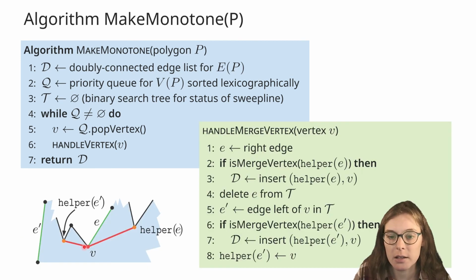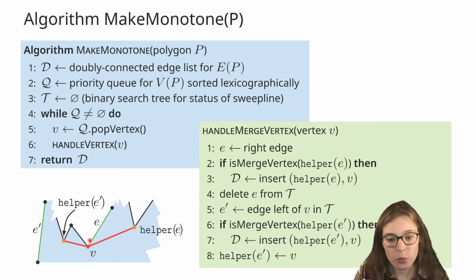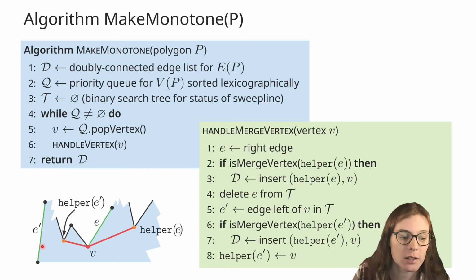If V is a merge vertex, then first we consider the right edge E incident to V, and we check the helper of E. If it happens that the helper of E is a merge vertex, then we need to insert the diagonal from V to that helper of E, and we delete edge E from the status structure T. Next, we consider the left edge E prime of V, and we check what its helper is.